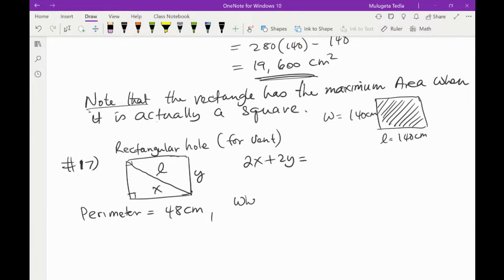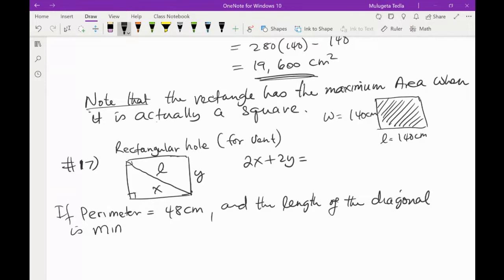Okay. So I'm going to write that if the perimeter is that, and the length of the diagonal is minimum, what are the dimensions of the hole?